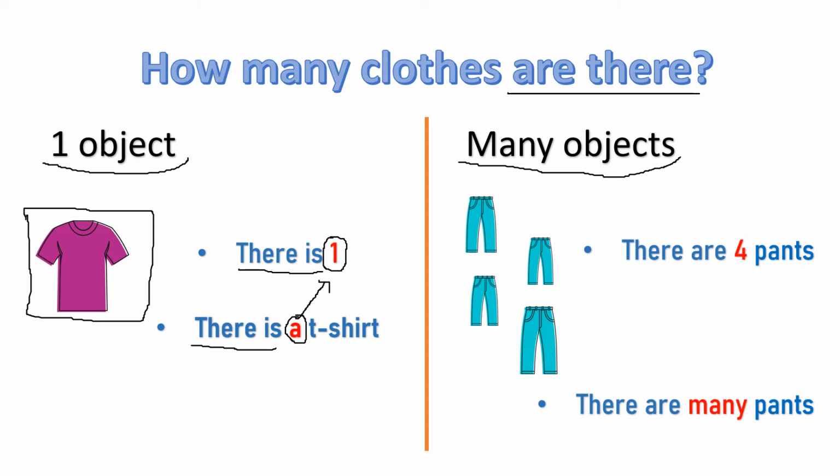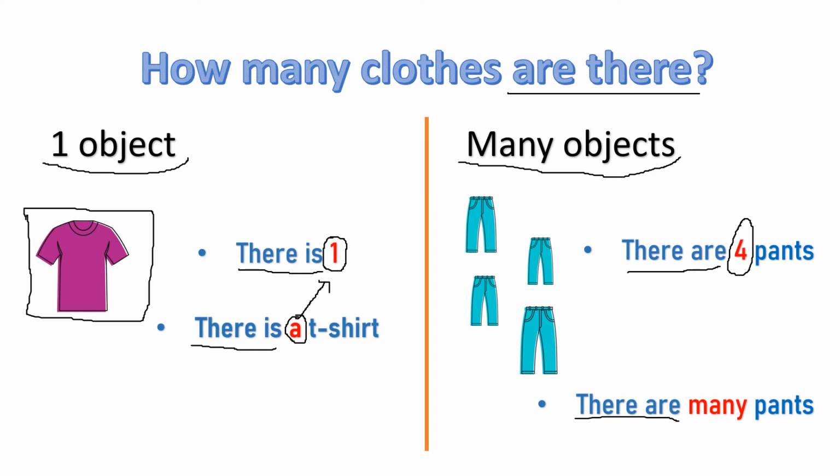In the question number 2, we can answer, there are 4 pants, or we can use, there are many pants. In the first part, we can put the number exactly that we have.